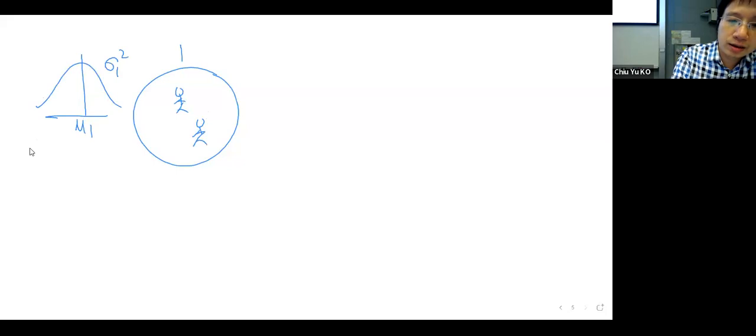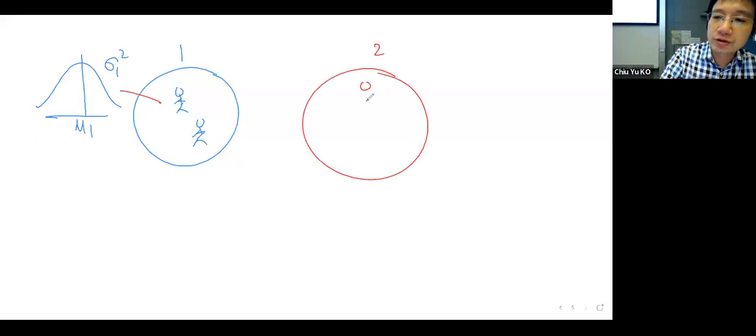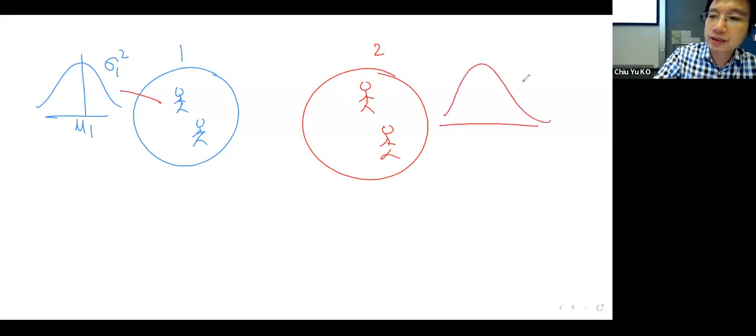Do note that this talks about how people look at it. There's no probability here, there is probability only if I randomly draw one guy. Group number 2 is also normal, with mu2 and sigma 2 square.